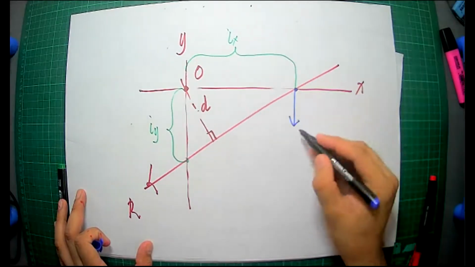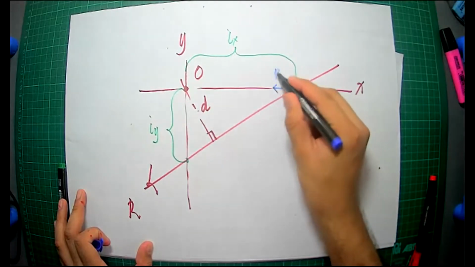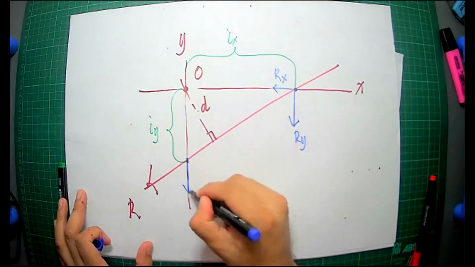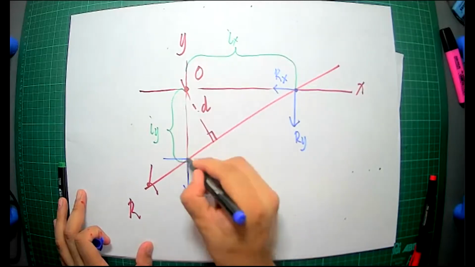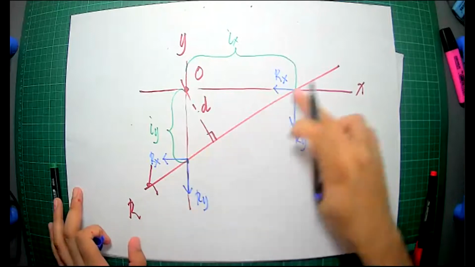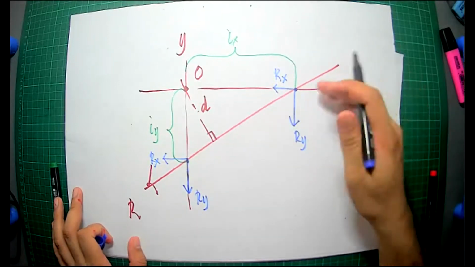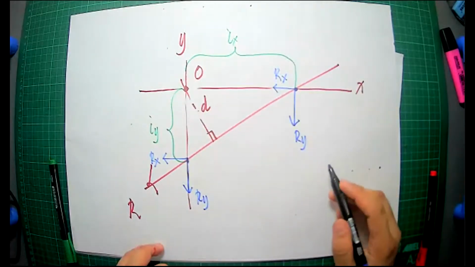There is also an Rx and Ry here. At this point, you can translate this up to here and get Ry and Rx. Right? Principle of transmissibility: anywhere along the line of action of the force, you can translate the X and Y components. So very simple.